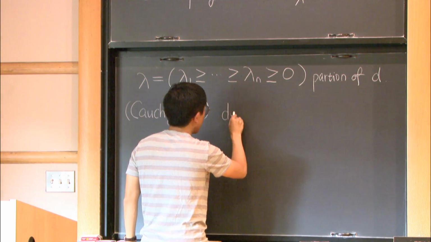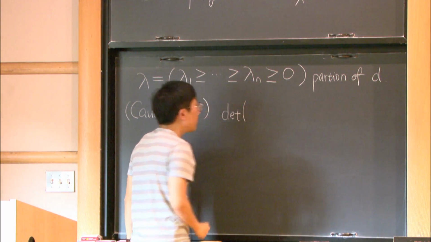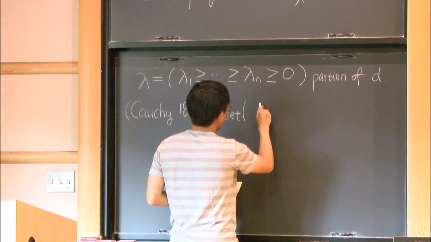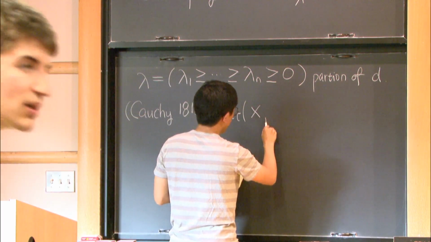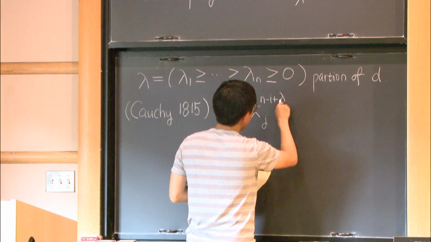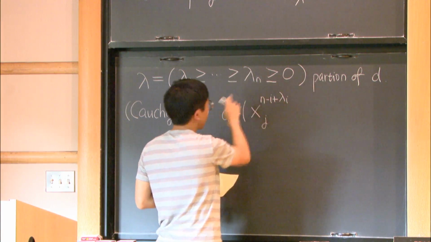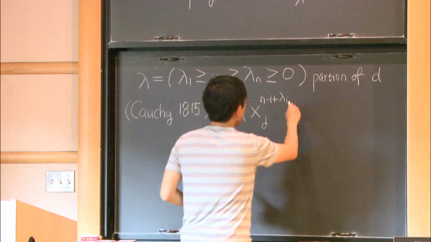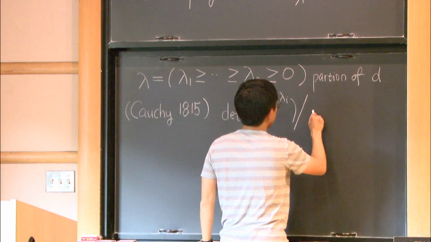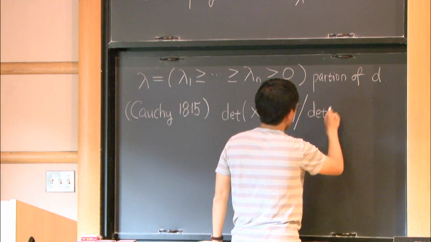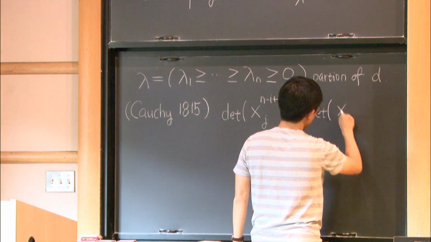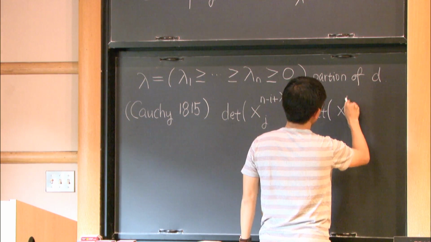So it's the determinant of the n by n matrix whose entries are x_j to the power n minus i plus lambda_i, the ith part in your partition, divided by another determinant, which is x_j to the power n minus i.